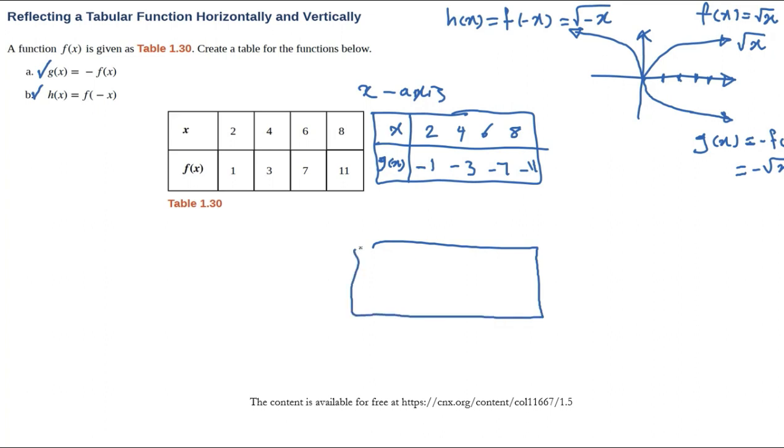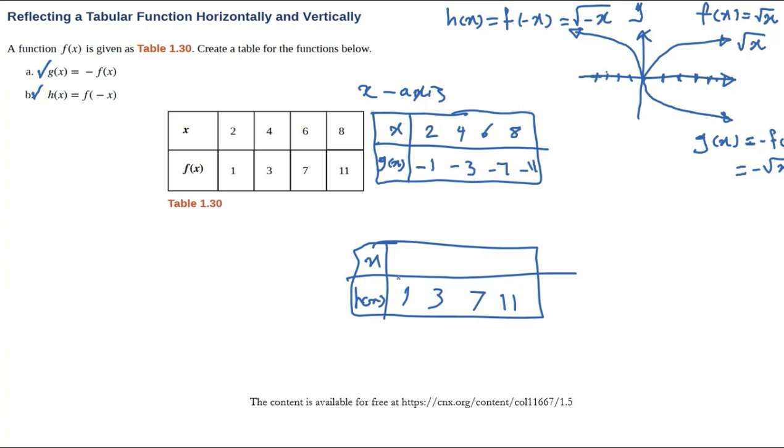And if I want to draw the table for h of x, the y variable didn't change. When the graph was reflected across the y-axis, the outputs didn't change. So we just write the y variable: 1, 3, 7, 11. The x variable changed sign.